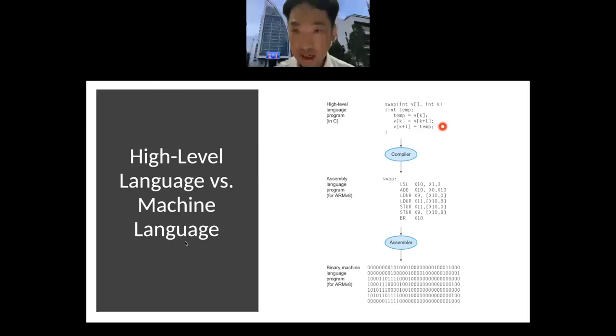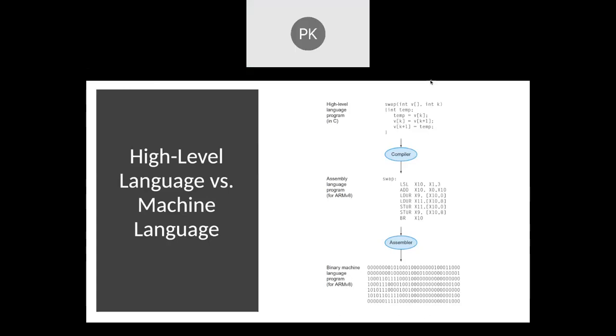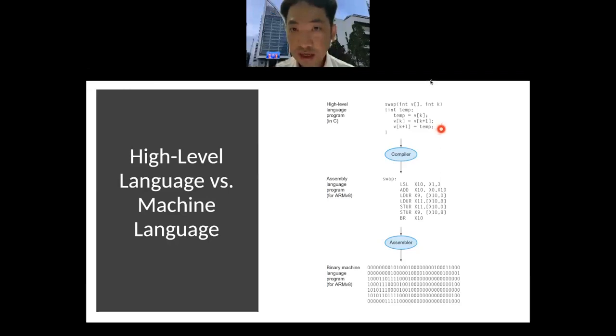And how about here? Do you have any problem understanding this code? No, I can understand it. Okay, you understand it. So here is the example of a high-level programming language.